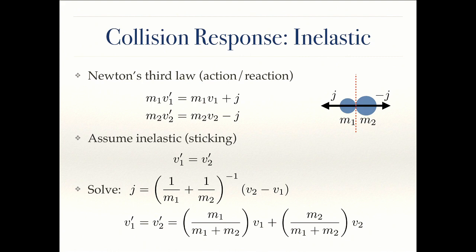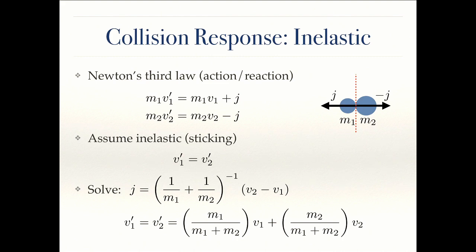I'm going to first look at the assumption called a sticking collision, or an inelastic collision. There's not going to be any bounce at all between these particles. After the collision, their velocities are going to be the same; they're going to be traveling together. Now I have the same number of unknowns as equations, and I can solve by expressing v1 prime, dividing by m1 on both sides, and dividing by m2 on both sides.